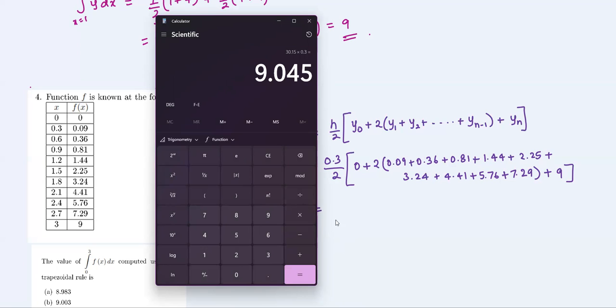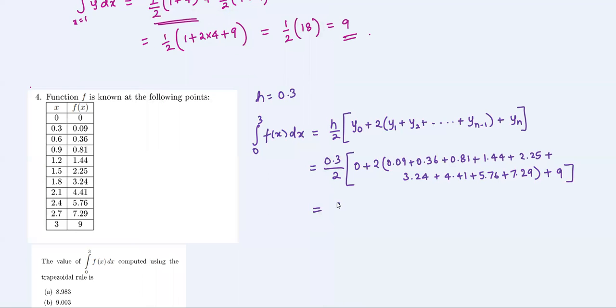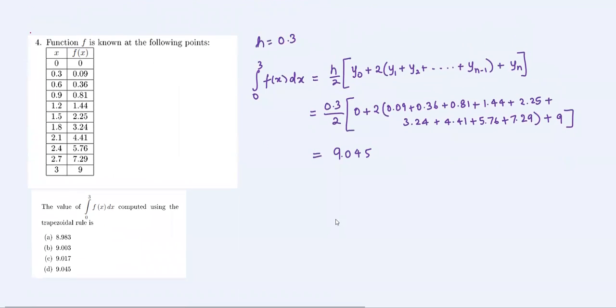So 9.045 is the answer. Let us see if the options are there. Yes, the option is there. 9.045 is the answer. So we have just applied the trapezoidal rule.